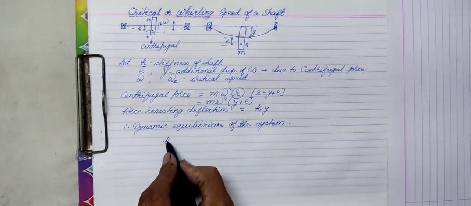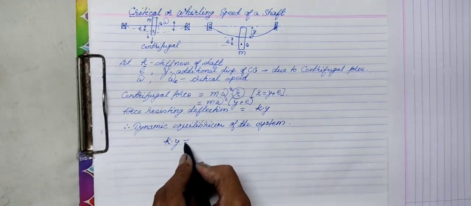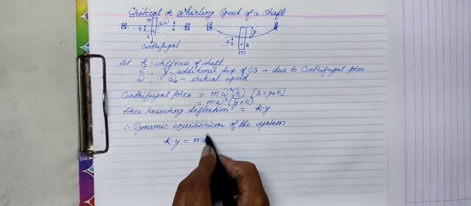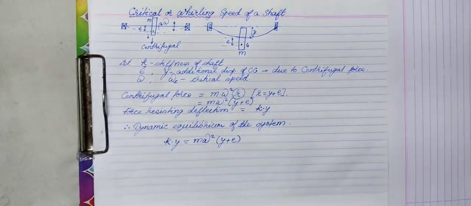So I can say k y is equal to m omega square (y plus e).